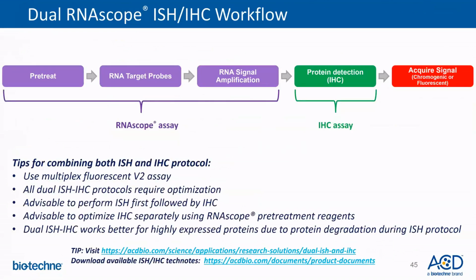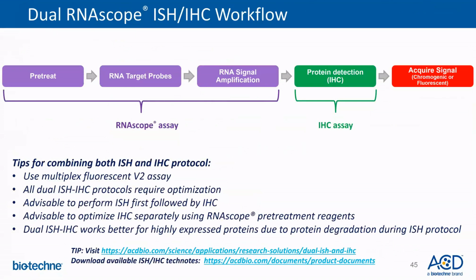One of the major advantages of the multiplex fluorescent assay is its capacity to be combined with IHC workflow, or the fact that you can do dual RNAscope-ISH IHC workflow. Please note that at this point of time, we recommend using the V2 assay for ISH IHC. All dual ISH IHC protocols would require optimization.